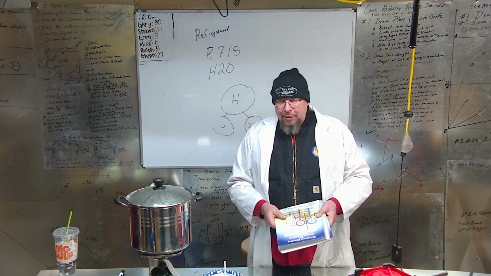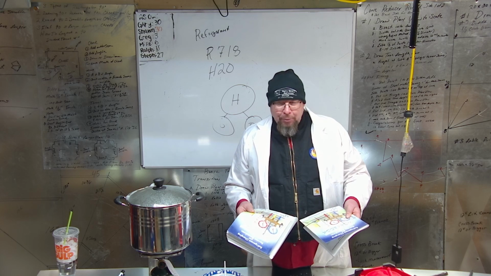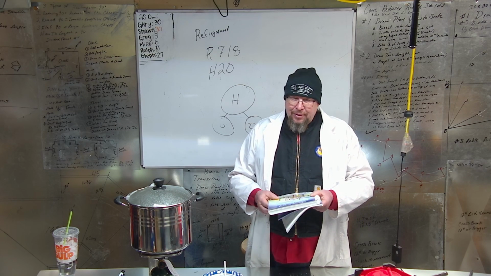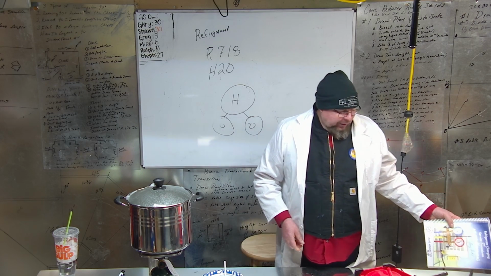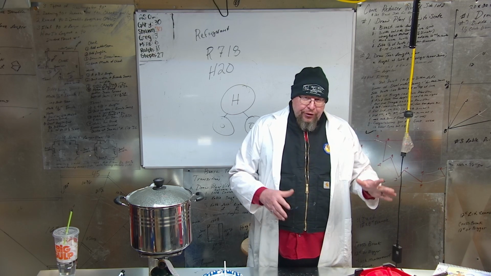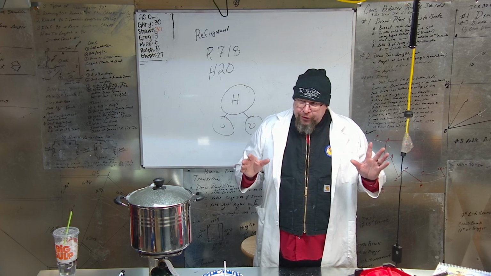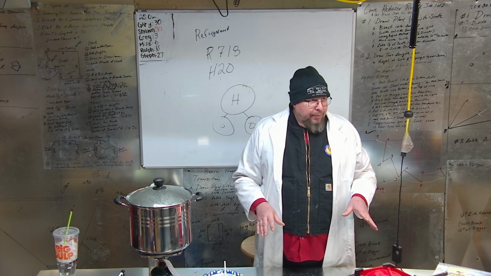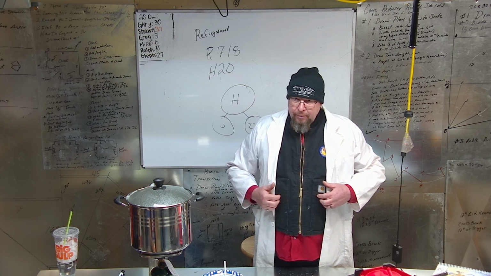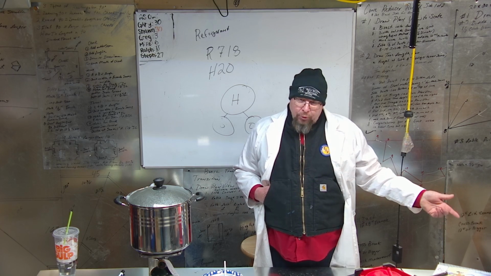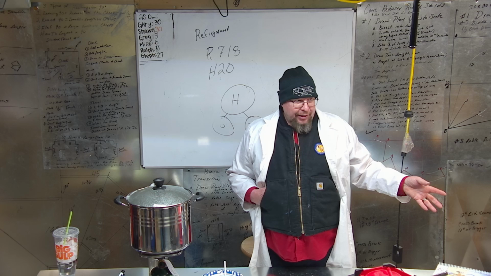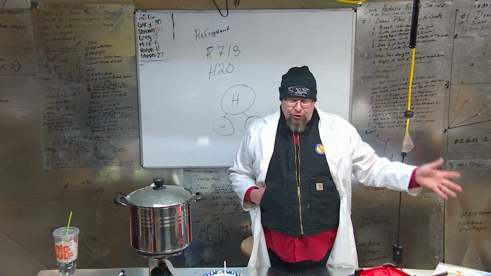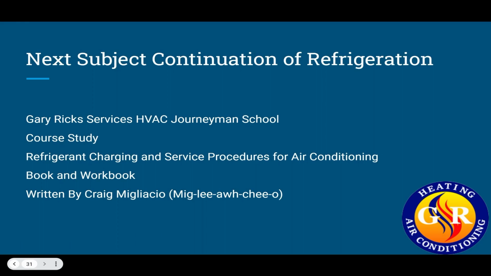So I recommend everybody buys this book and this workbook. I have one somewhere. I just don't want to take somebody else's work. Refrigeration is a universally known thing. So he wrote it out of universally known structure, right? That's fine, and he wrote a good book.